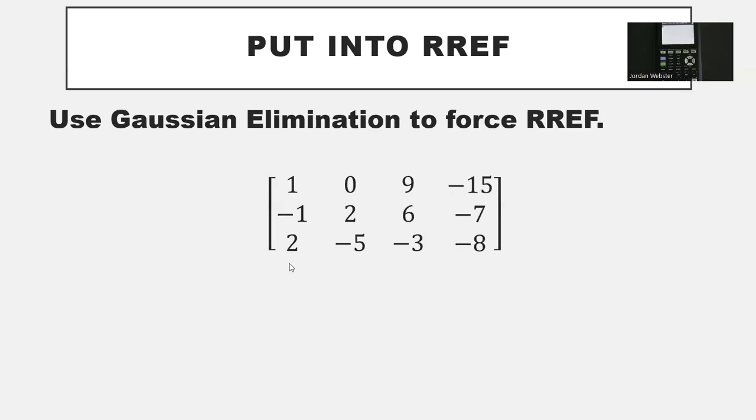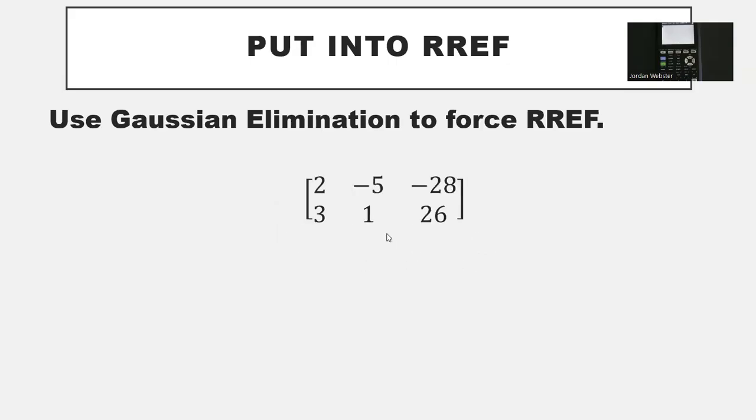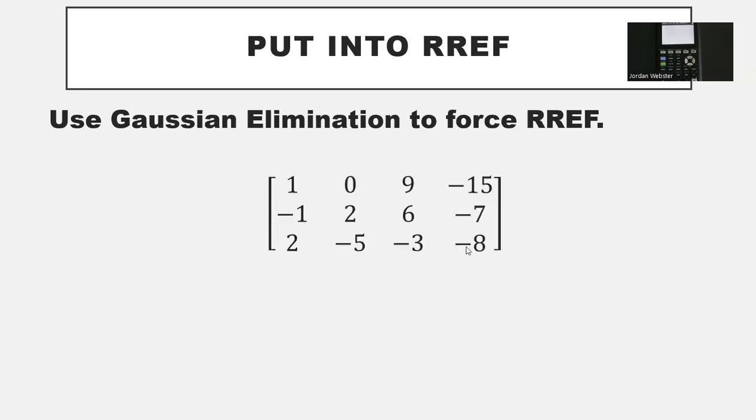If you wanted to do this one step by step, you could. It would just take a lot longer time than doing this 2x3 matrix. For a 3x4 matrix, we'd have a lot more steps in the Gaussian elimination.